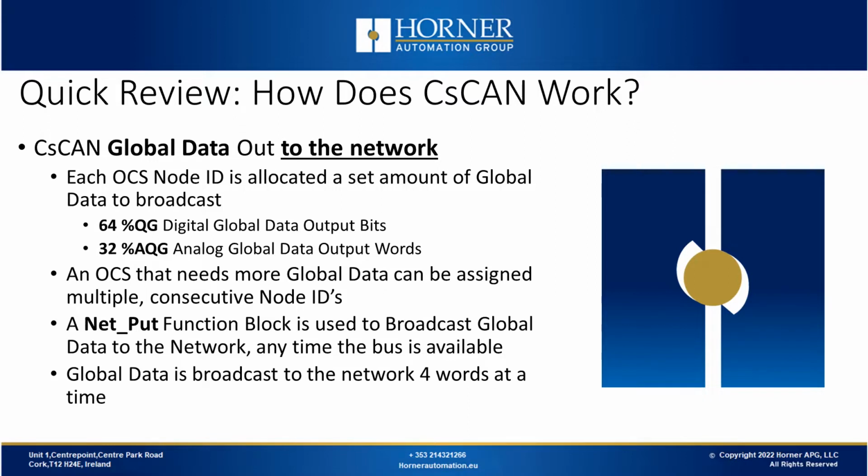You use a NetPut function block in your program to broadcast the global data to the network, and anytime the network is available, the OCS can choose to broadcast it to the network. That global data is typically broadcast 4 words at a time. Also note that every OCS can broadcast by default 1 CAN message per scan, but you can increase that.